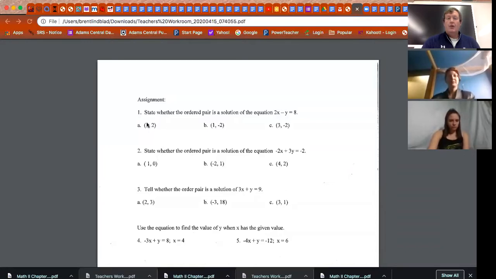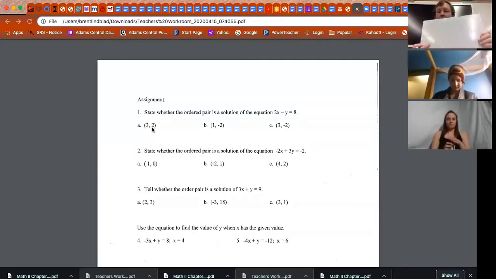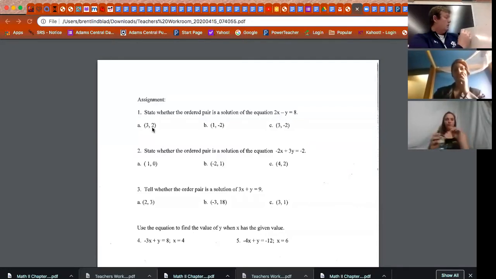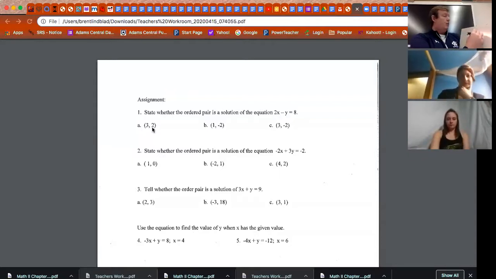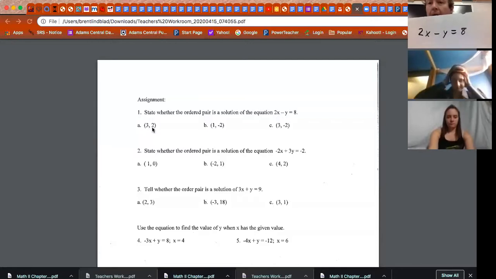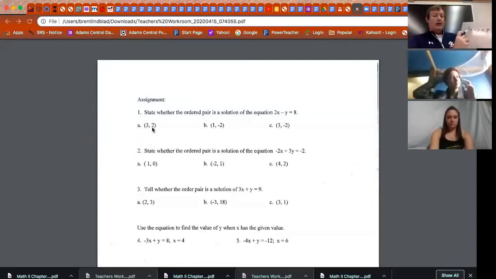X. That's right, X. The second number then is? Y. Okay, so what you have to do is take our equation, 2x minus y equals 8, and substitute in the numbers for x and y and see if that works.